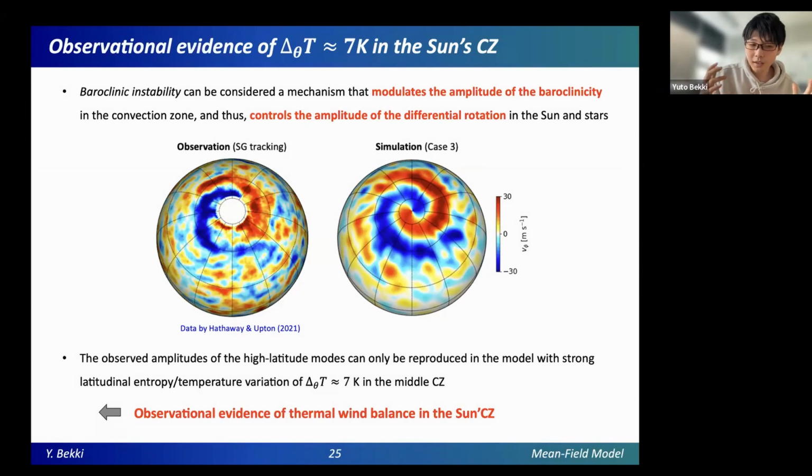And they also indirectly control the amplitude of the latitudinal differential rotation in the sun and stars.